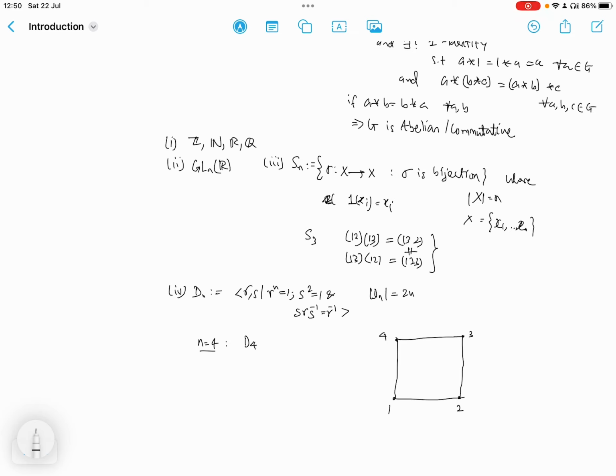Then this R is actually the rotation. You can rotate the square, so consider this rotation by 90 degrees.